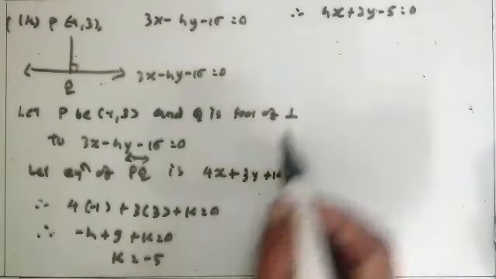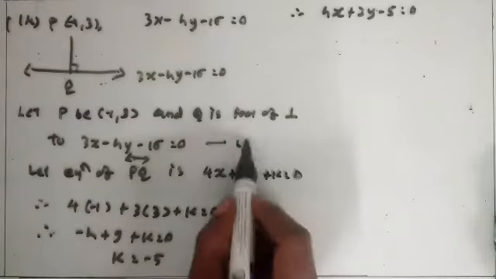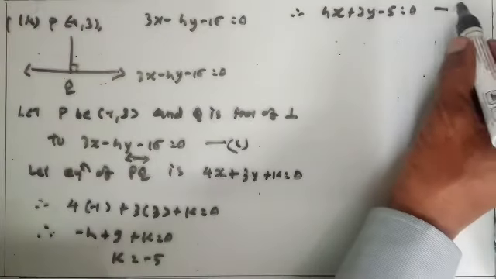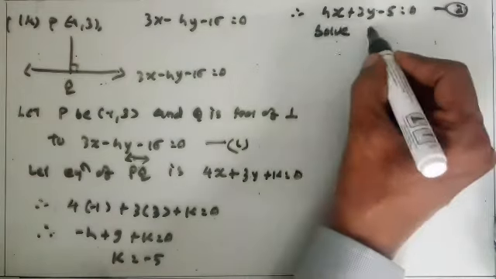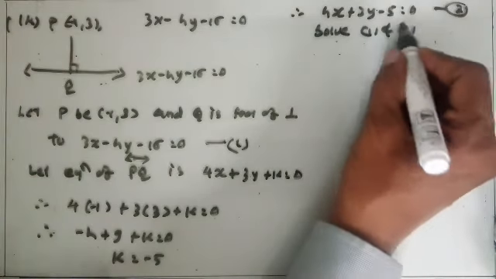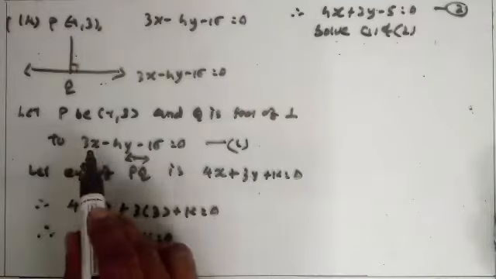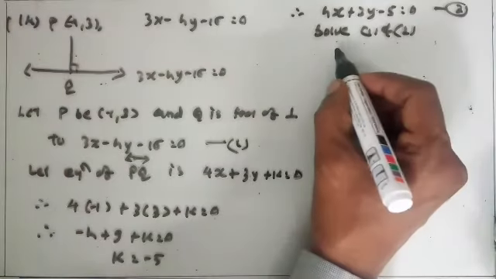Now set this as equation 1 and this as equation 2. Solve 1 and 2. For this use Cramer's formula.